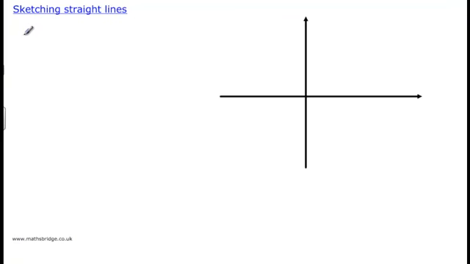If we're wanting to sketch straight lines, it's usually easiest to have the line in the form ax plus by plus c equals 0. So we'll have a look at the line 3x plus 4y minus 12 equals 0. We'll find the points on the coordinate axes that the line cuts through.